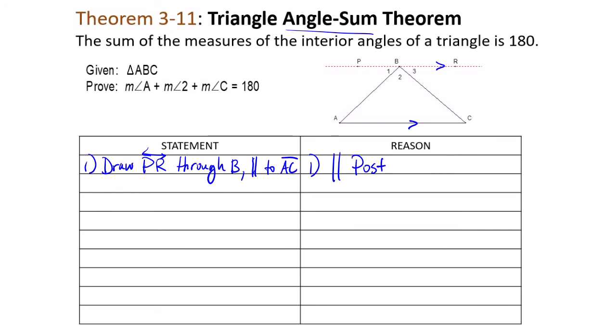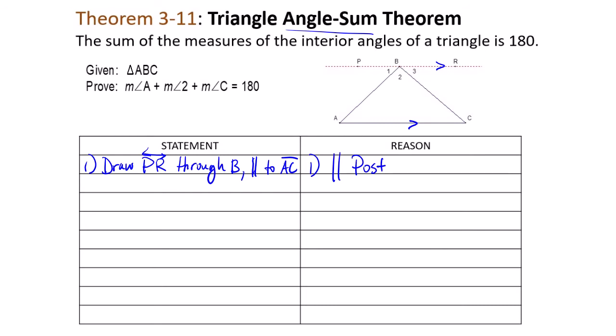If I know two lines are parallel, I start thinking about alternate interior, alternate exterior, same side interior, corresponding, and so forth. As you get used to these proofs, you'll say, when this comes up, these are my possibilities. We'll get to that point in a second.